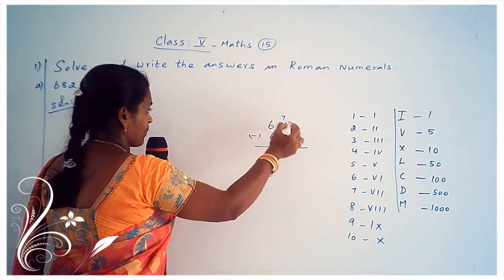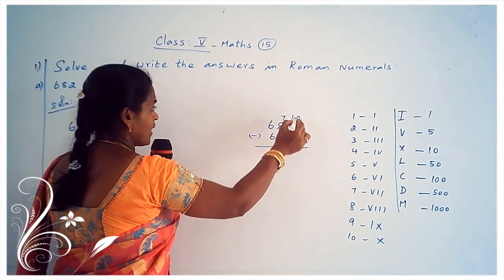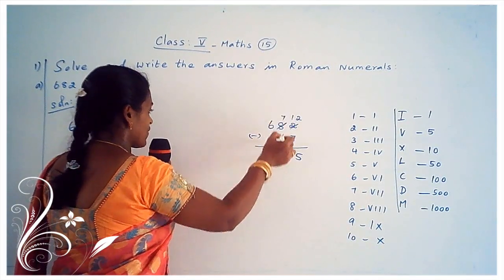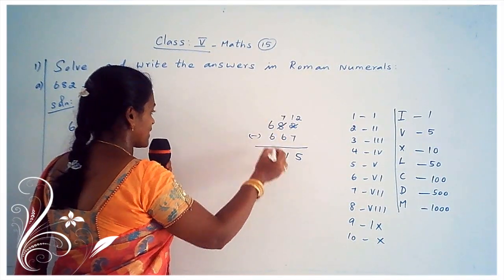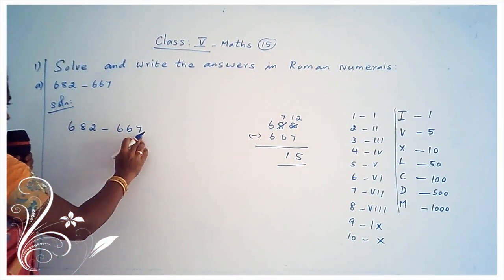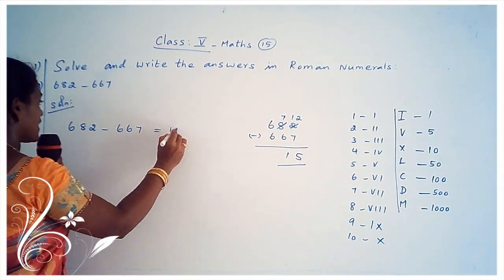That's why you borrow, that means 12. So 12 minus 7 is equal to 5. Now 7 minus 6 is equal to 1, 6 minus 6 is equal to 0. So 682 minus 667 is equal to 15.